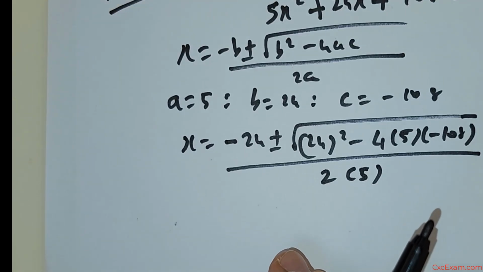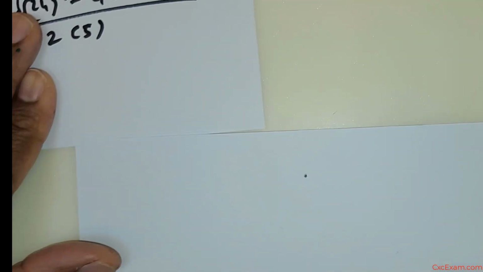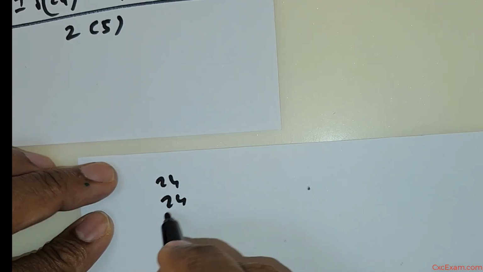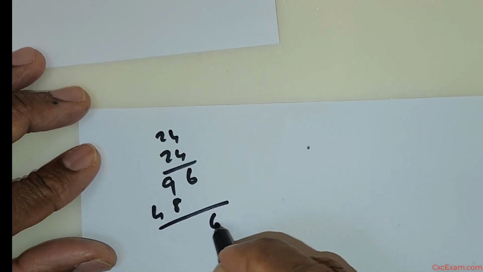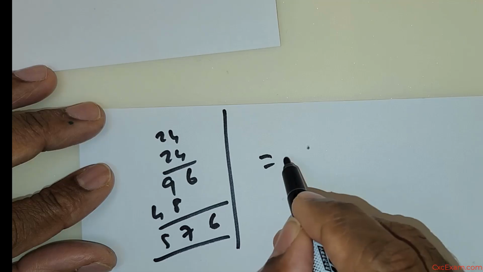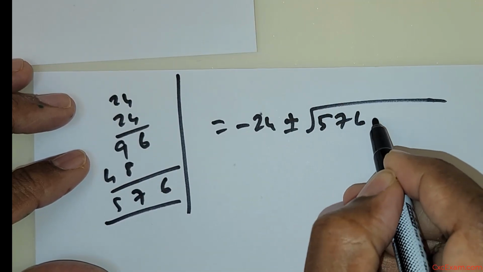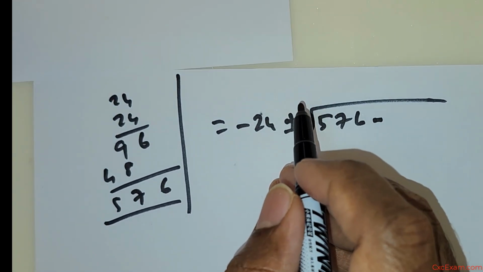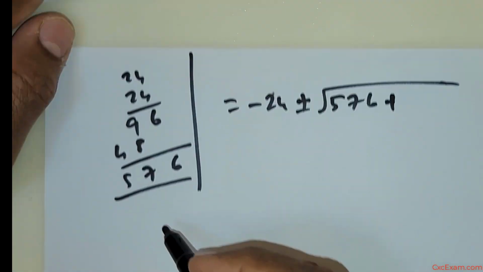So if I take the squares, 24 squared, 24 into 24, is 576. So you have negative 24 plus or minus root of 576, negative times negative gives positive. 4 fives are 20.